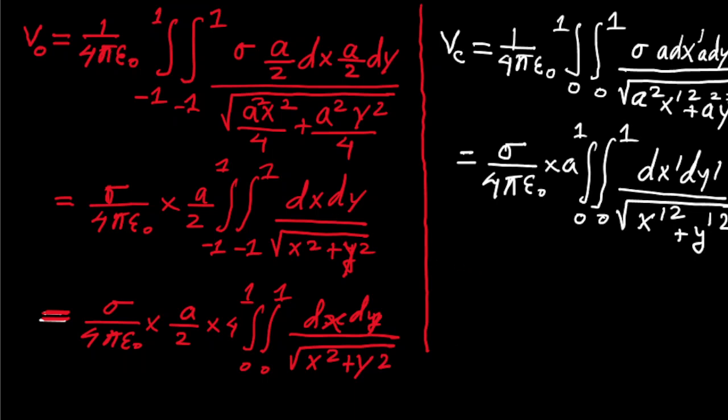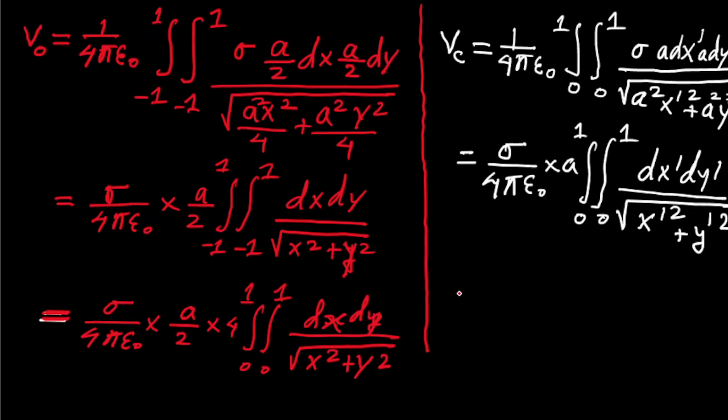Now look at these two integrations. The first integration with respect to x and y has limits 0 to 1, 0 to 1, and the second integration with respect to x prime and y prime also has limits from 0 to 1, 0 to 1, so both integrations will give the same answer.